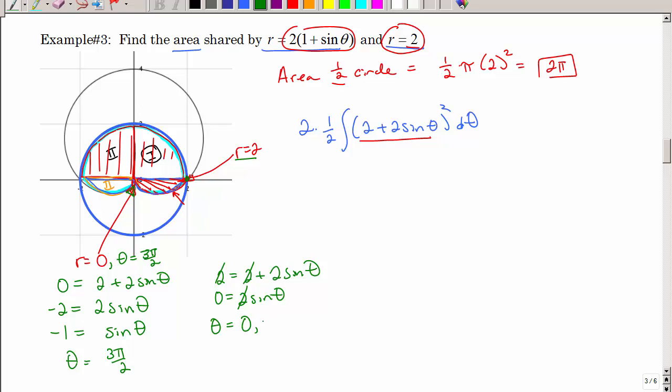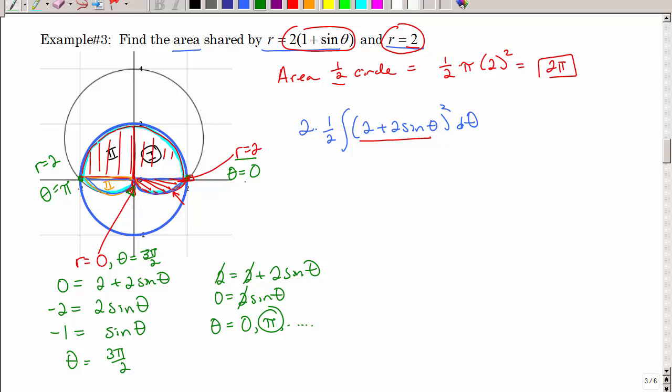Well, at 0, pi, and so forth. Well, what's this point? When r is 2, theta is 0. Where's this? Way over here. r is 2, theta is pi. So that's that other point.